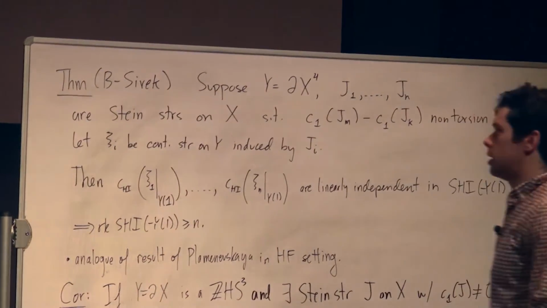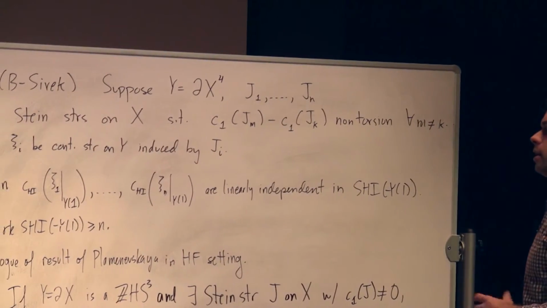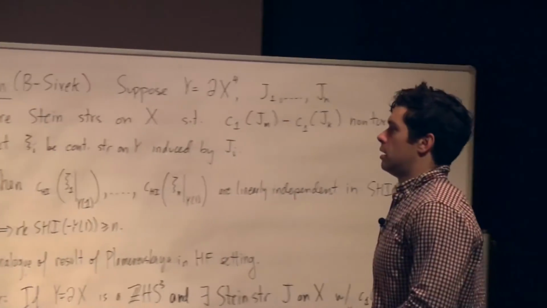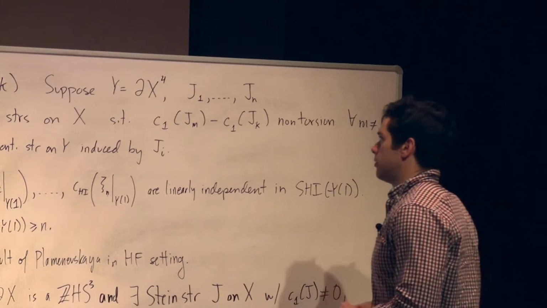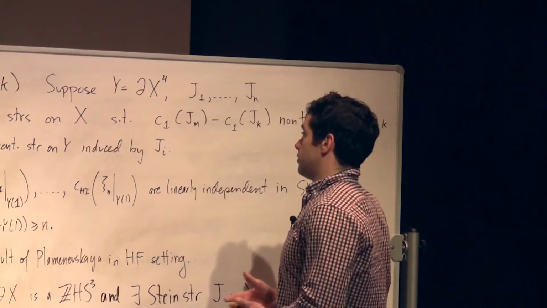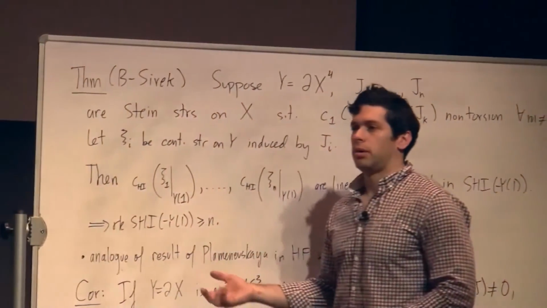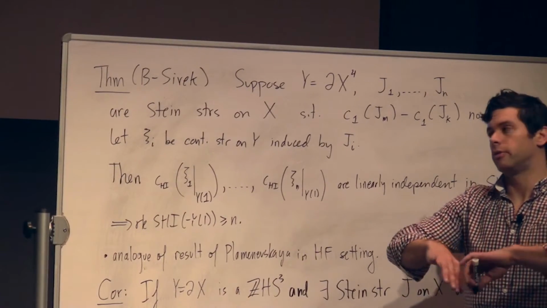It's trickier in the instanton Floer case because it's not anywhere near as obvious how to embed. In defining these instanton Floer invariants, first of all, to define the instanton Floer invariant of Y minus a ball, we have to use this closure procedure, as I discussed before.